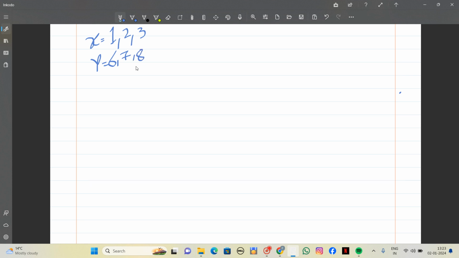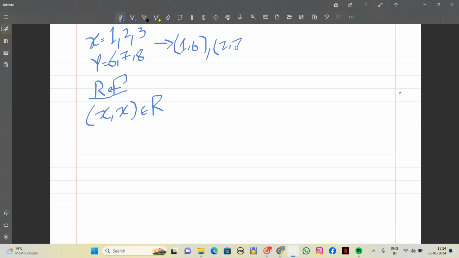Okay, so for reflexive, the condition is that the elements (x, x), the same elements, should belong to the relation R. So the set here is (x, y), that is (1, 6), (2, 7), and the third one is (3, 8).